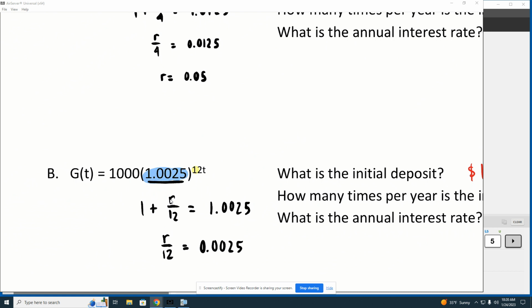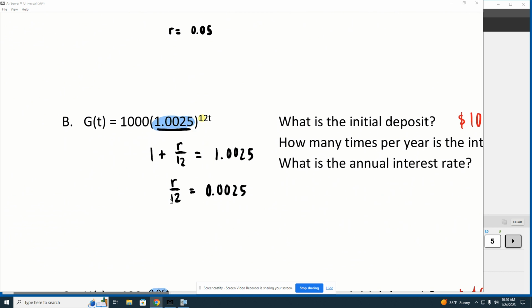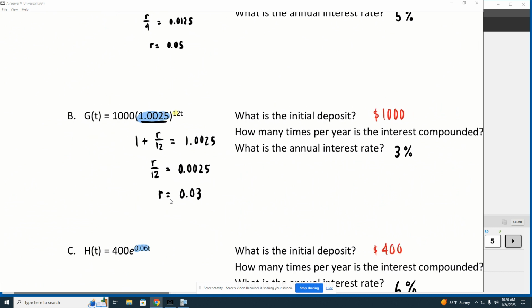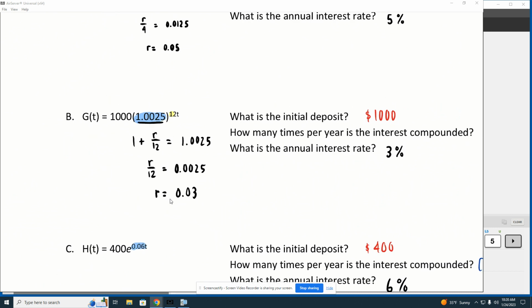And what's my last step? I'm going to multiply by 12. What's 0.0025 times 12? 0.03. So guys, what's that as a rate? 3%. Y'all understand this? It's not as hard as you might have thought at the beginning, is it? To find those rates? You just use the formula.